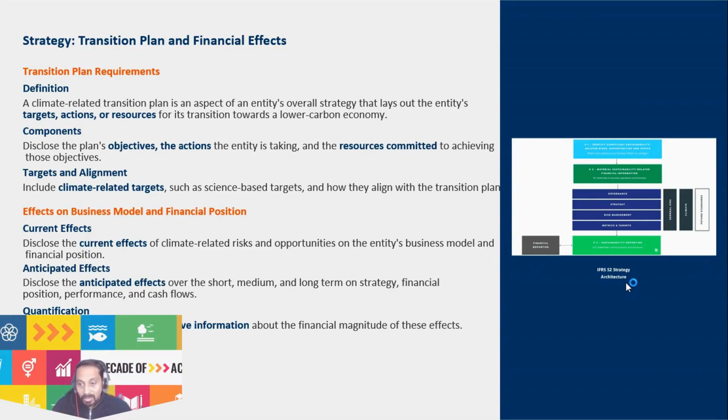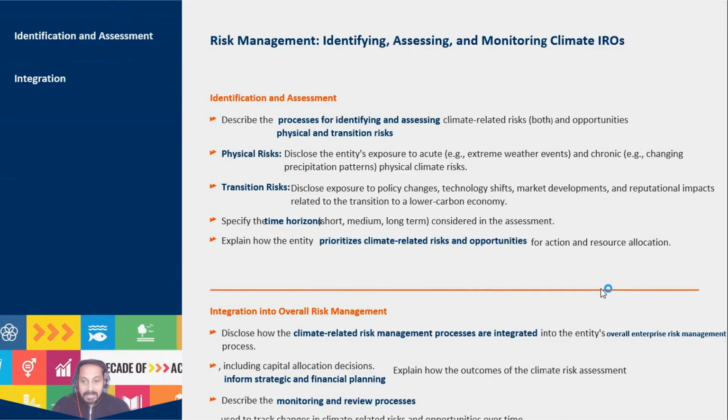So you have to change your transition plan. So you have to be smart about how you are going to prepare your transition plan to mitigate your financial impact. Now, how do you identify this risk that you mention in the transition plan in the first place?